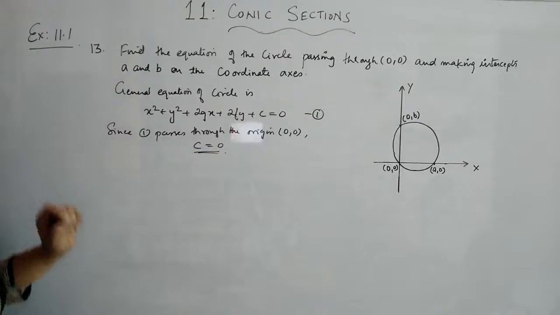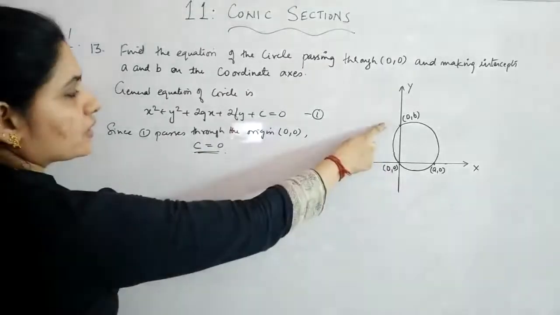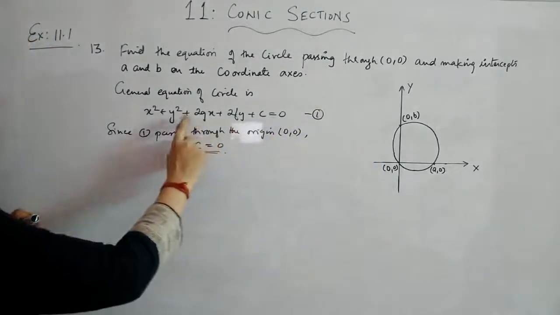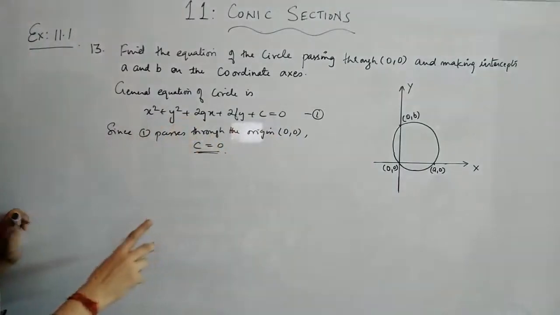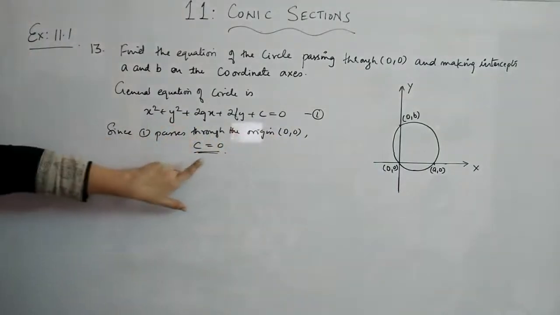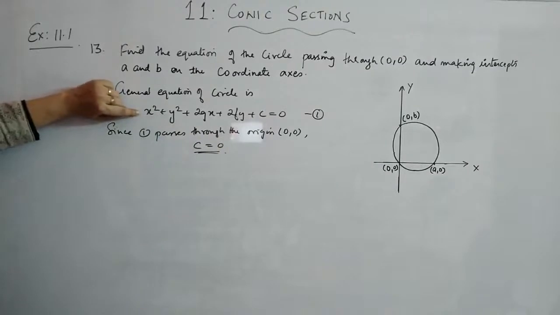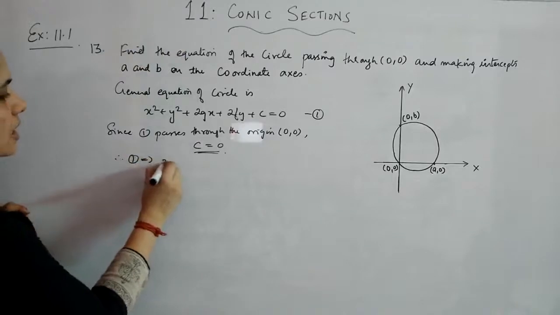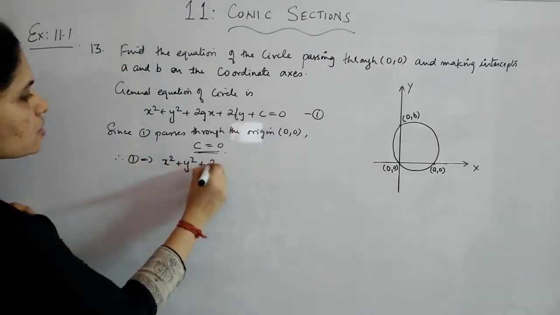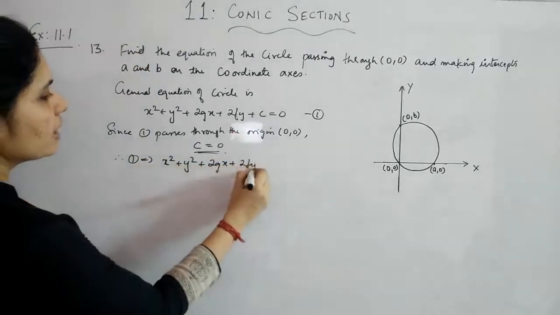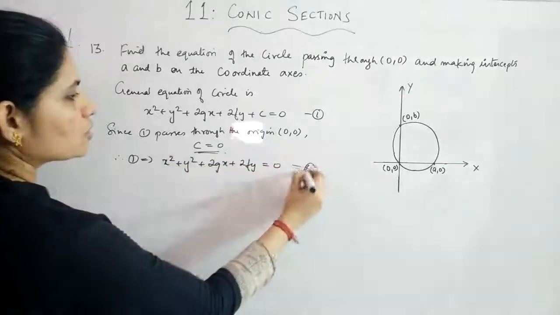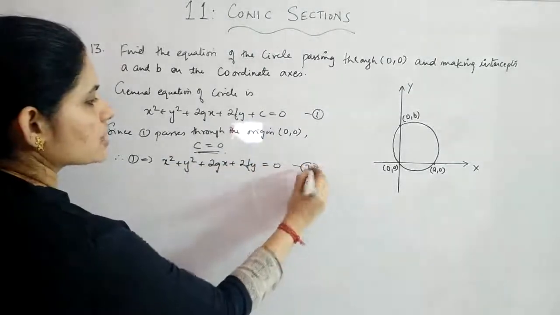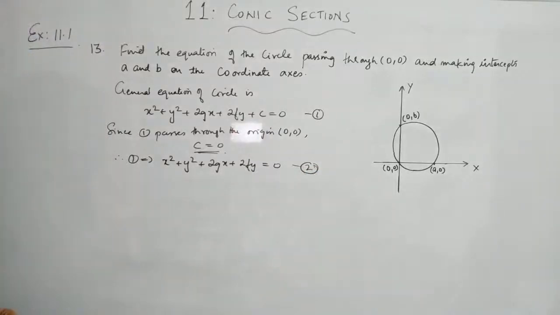Now again, since it passes through a comma 0 and 0 comma b, those are to be replaced here in order to get another 2 equations. But before that, you can just replace the value of c in this equation so that the equation gets reduced. Therefore equation 1 becomes x square plus y square plus 2gx plus 2fy equal to 0. Now equation 2 is your final equation in which you can replace your values of g and f.